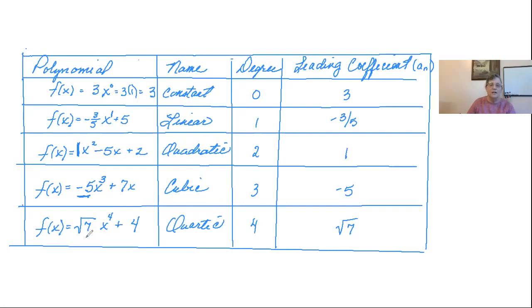In this particular case, the leading coefficient is the square root of 7. Even if this had been written as 4 plus square root of 7 x to the 4th, this would still be the leading term. It would still be 4th degree, and the leading coefficient would still be the square root of 7.